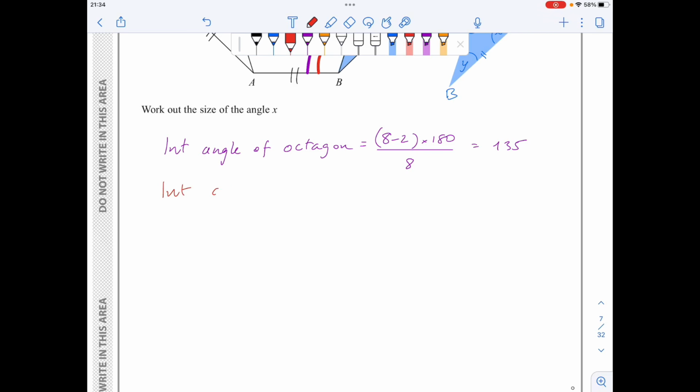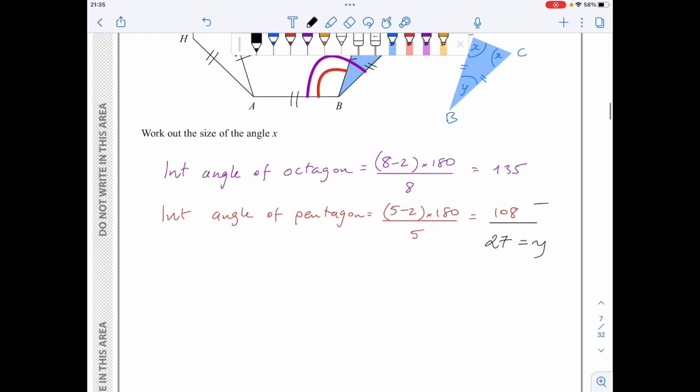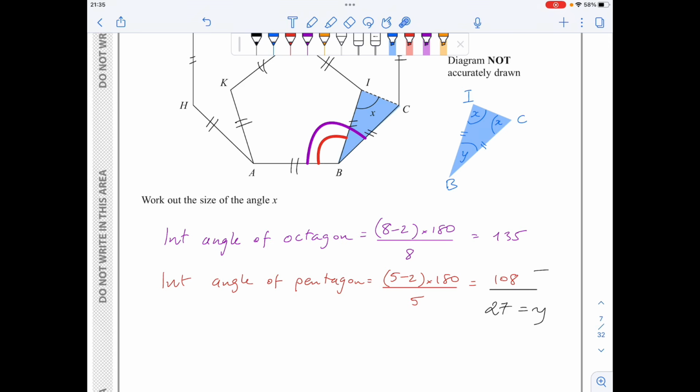The interior angle of the pentagon is equal to 5 minus 2 times 180 over 5, which is 108. And if I subtract those two angles, I will get 27, and that is angle Y, which is this one.